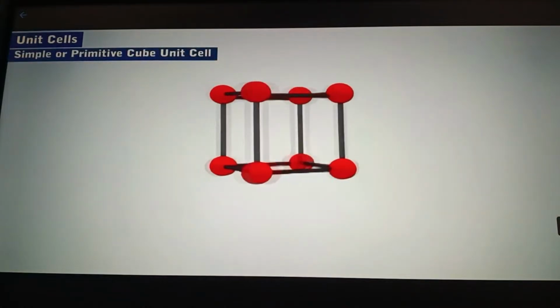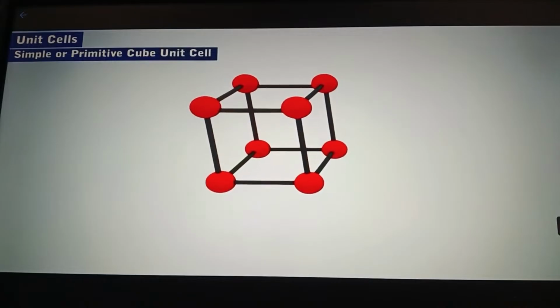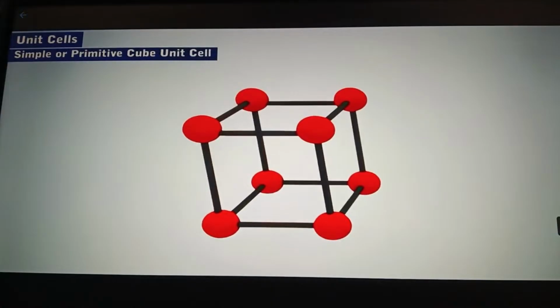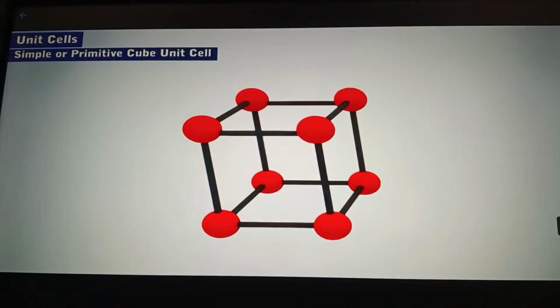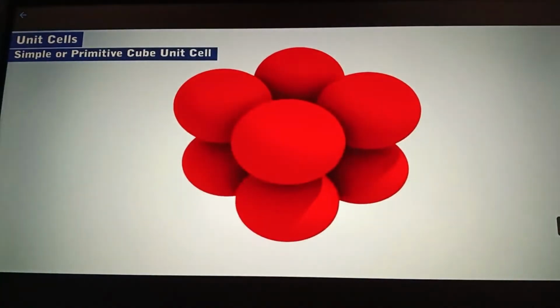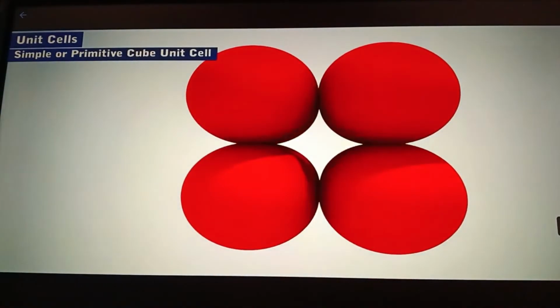Let's start with a simple or primitive cubic lattice. A simple cubic lattice consists of 8 atoms at the 8 corners of a cube. In the open structure shown here, the distances between the atoms have been exaggerated. In reality, the atoms are packed much more closely together, as shown in the space-filling model here.